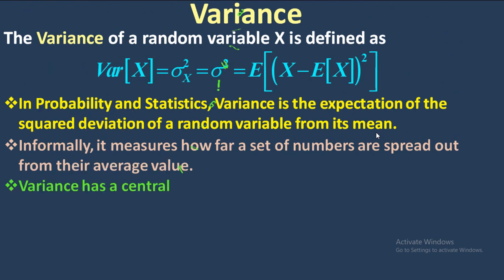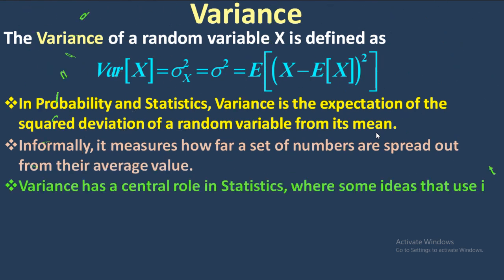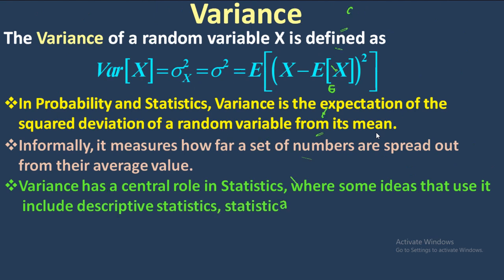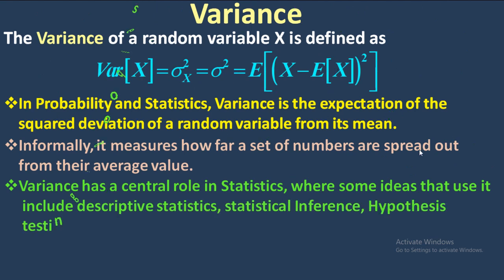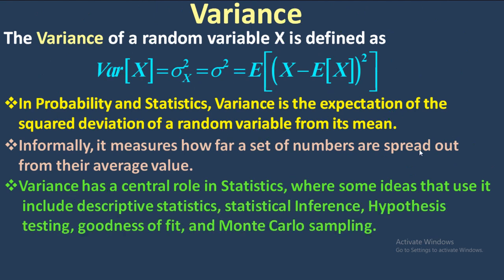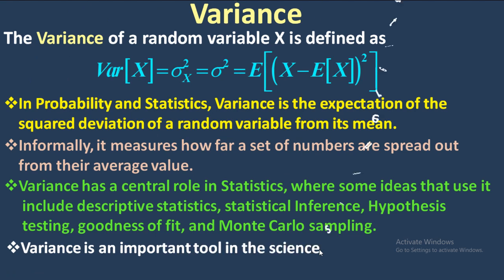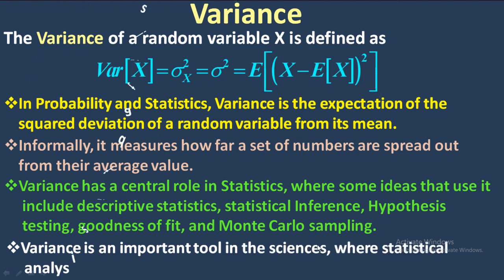Variance has a central role in statistics, where some of the ideas that use it include descriptive statistics, statistical inference, hypothesis testing, goodness of fit, and Monte Carlo sampling. Variance is an important tool in the sciences where the statistical analysis of data is common.